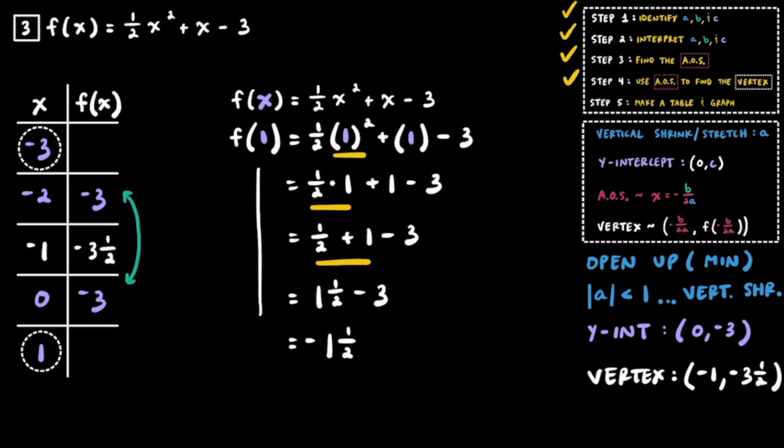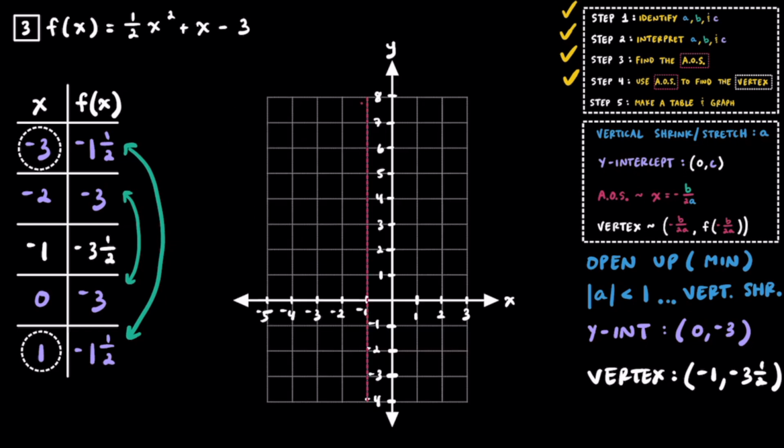When x is equal to 1, y is equal to negative 1 1/2. Now that we have a table with 5 ordered pairs, let's make our graph. And there you have it, this would be the parabola for the quadratic function in this example.